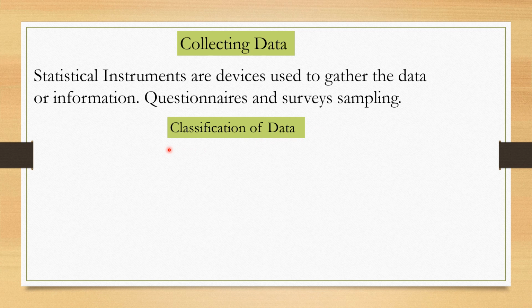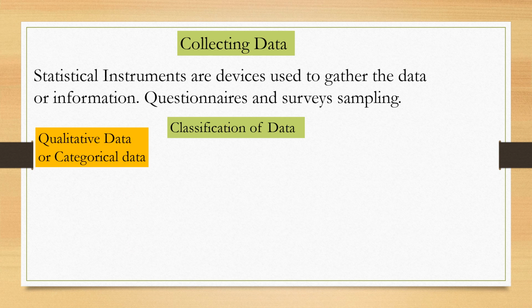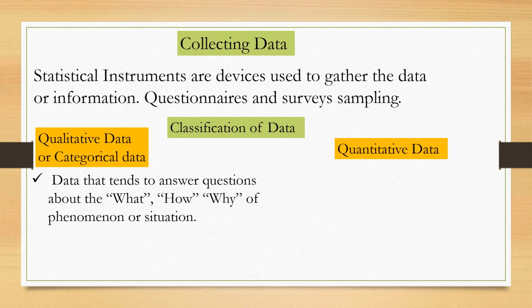Now, we have classification of data. We have what we call qualitative data, and we have quantitative data. Qualitative data is also known as categorical data. It is data that tends to answer questions about the what, how, and why of a phenomenon or situation.